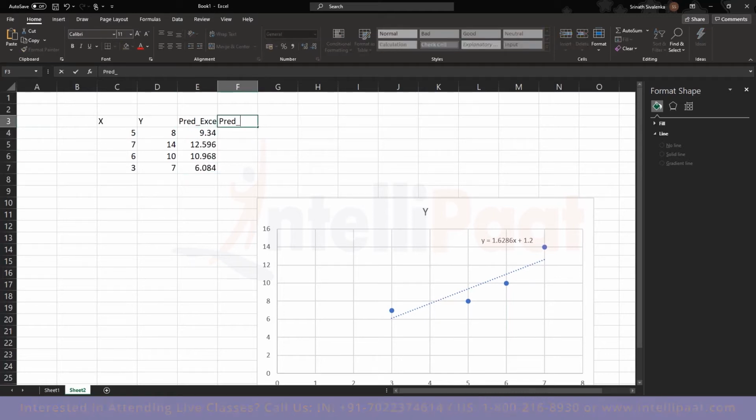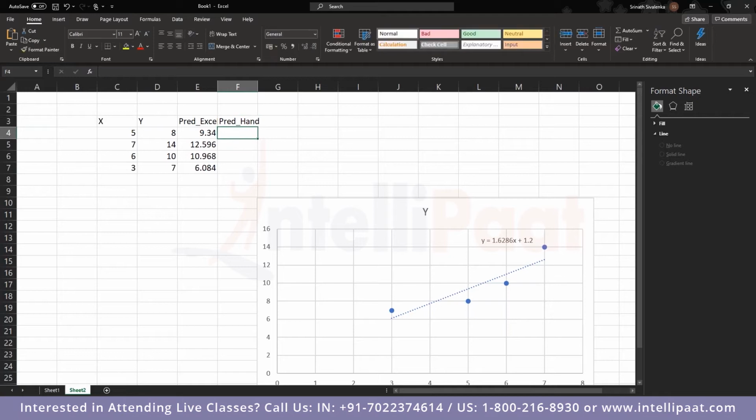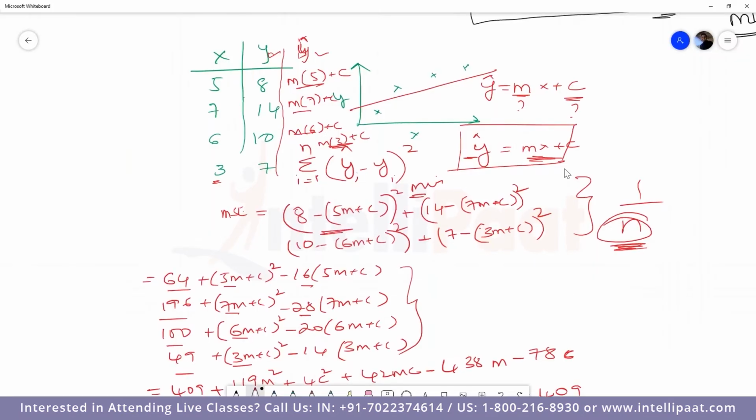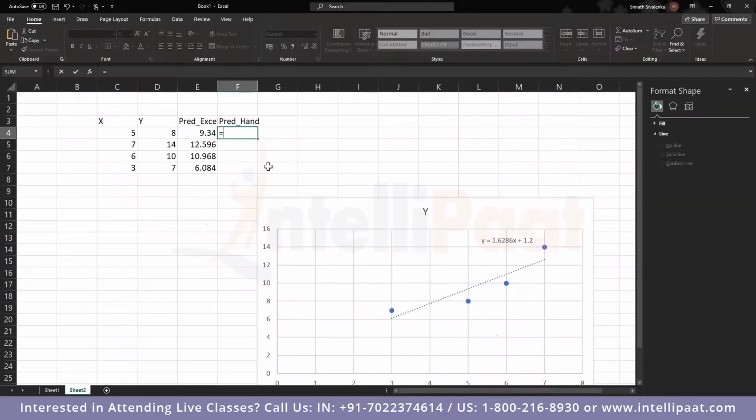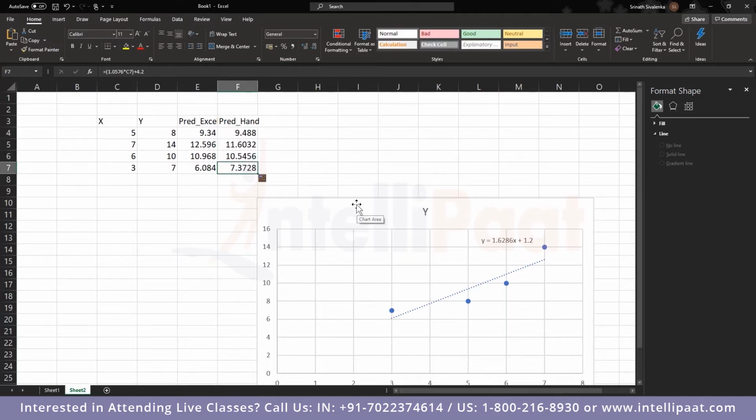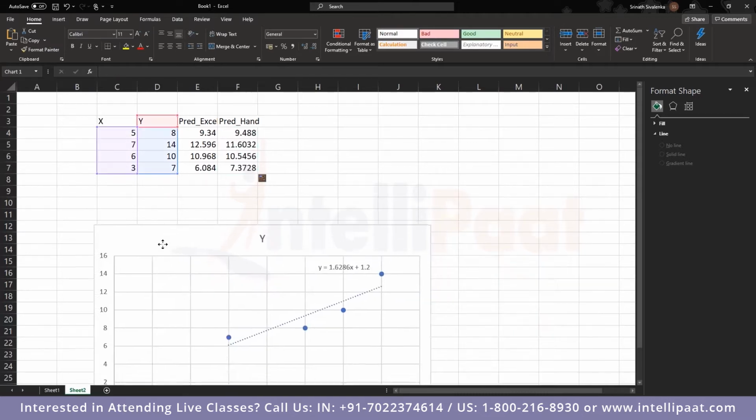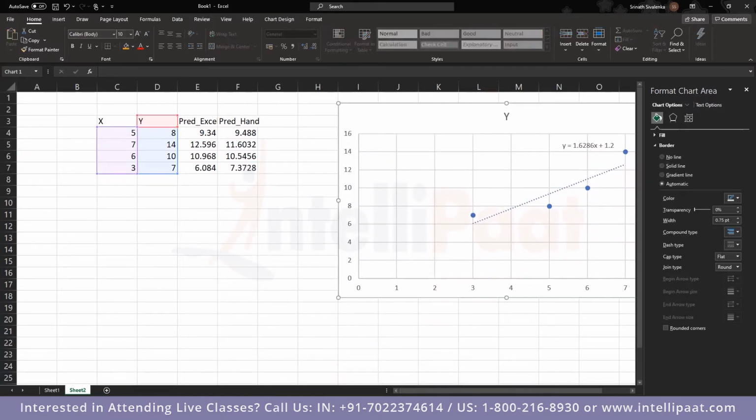And the prediction when we solved it by hand is simply 1.057 multiplied by x plus 4.2. And look at this, I think both have very, very similar predictions.